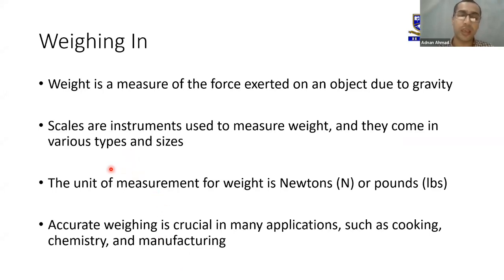Another thing about weight is that it can change depending on the gravity. For example, here I am on the Earth. Let's suppose I have a weight of 70 kilograms. If I go to the moon, which has lesser gravity than Earth, my weight will be less.